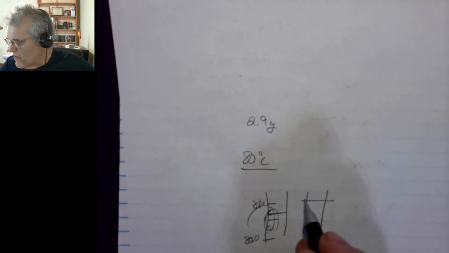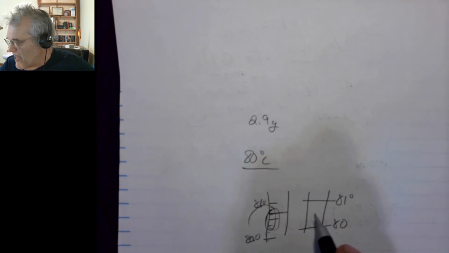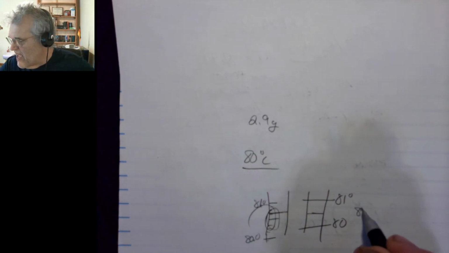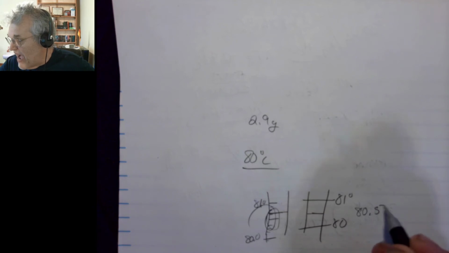Sorry, I didn't draw that correctly, it would be like 81 degrees here, and it would be like 80 degrees here, and it's somewhere in between. Try and estimate it to 1/10 of those divisions, so that you would say that that is at 80.5 degrees Celsius, okay? And keep taking those readings, stirring it every 30 seconds until you get 4 consecutive readings that are the same.